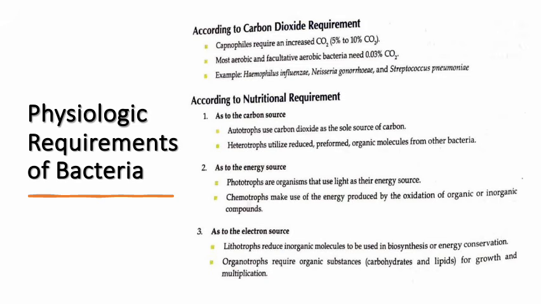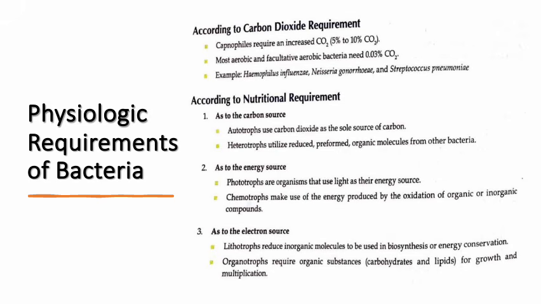Now, lastly, based on gas requirement is according to carbon dioxide requirement. So, this one matters, the concentration of carbon dioxide supplied to your bacteria. Okay? So, the term we usually use for those bacteria that require increased amounts of carbon dioxide, around 5 to 10% of carbon dioxide, is capnophiles.